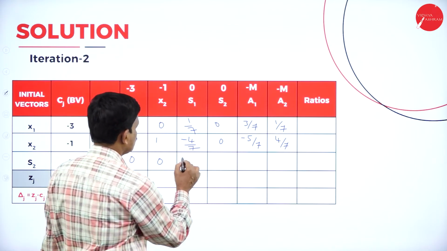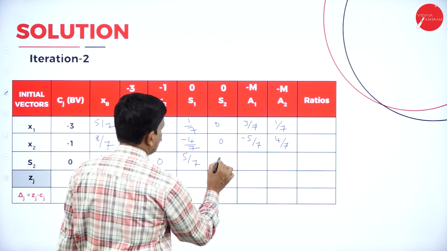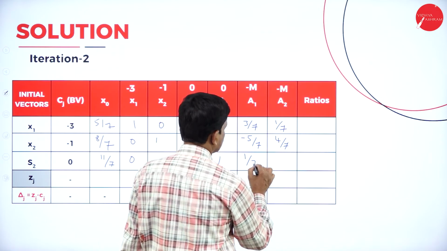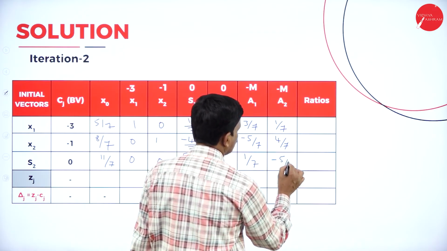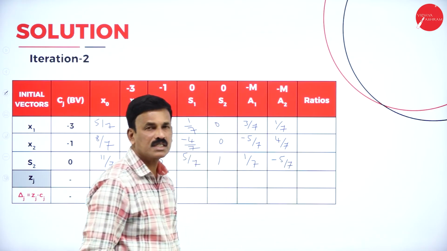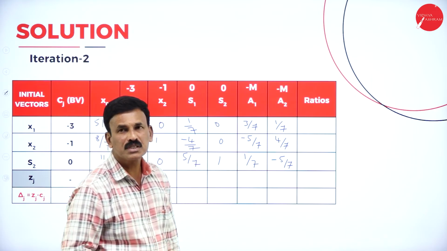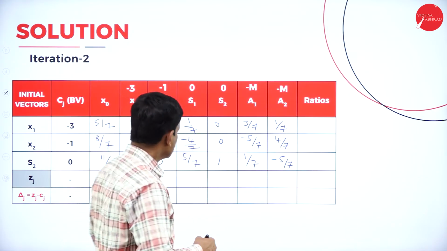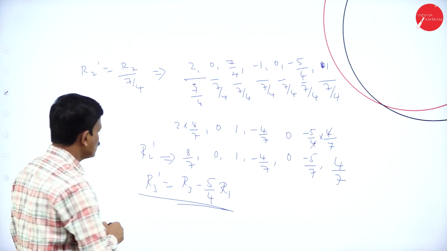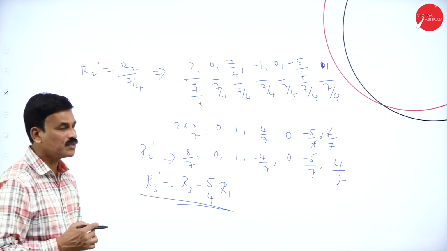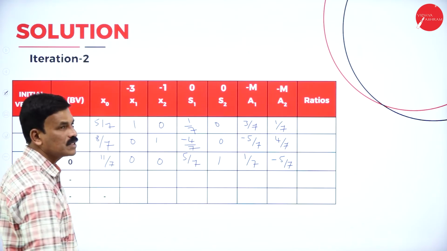Then this becomes 5 by 7, 1, this is 1 by 7 and this is minus 5 by 7. These are the values we are going to get by using the elementary row operation. So for R3 dash we are using R3 minus 5 by 4 R1. These are the elements we are going to get.